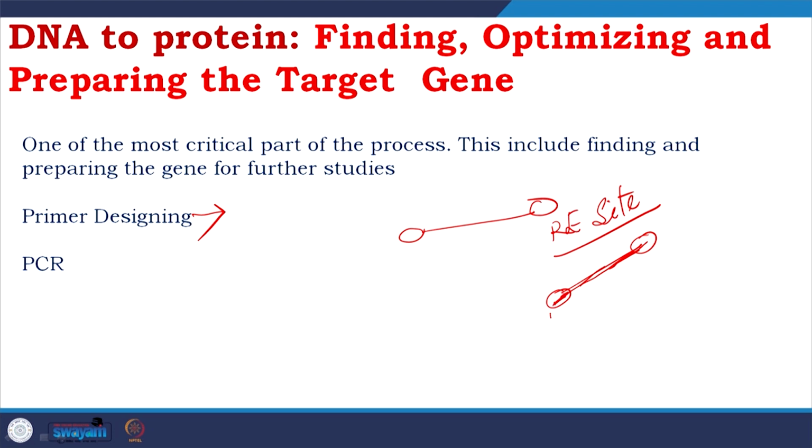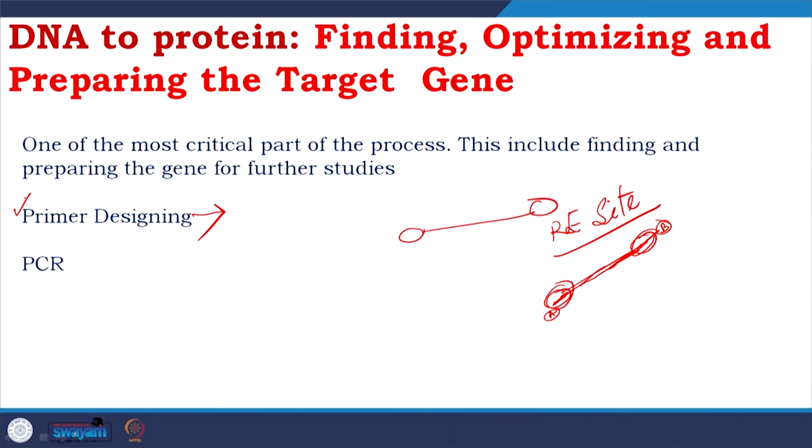Here the A chain is elongated, here the B chain is elongated in the DNA. So, these staggered cuts are important because they will match with the staggered cut of the plasmid vector where you want to clone it. So, that is why you need to do the primer designing.